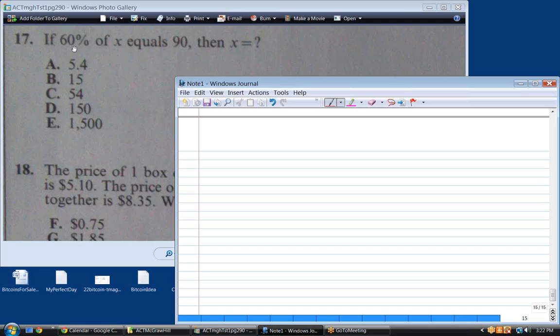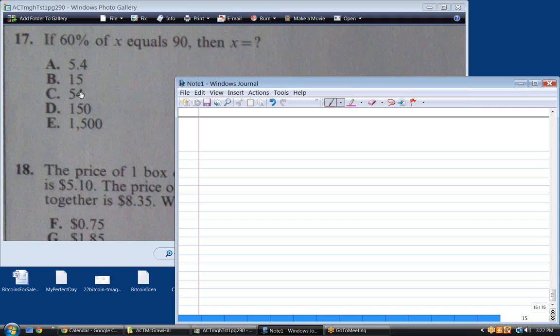So if I say 60% of 90, well, that's only going to be 54. So the number has to be bigger than 90 for 60% of it to be equal to 90. So if I'm going to back solve this, I'm only going to check these two numbers right here. I don't even need to worry about those three numbers. I know none of those can be correct.